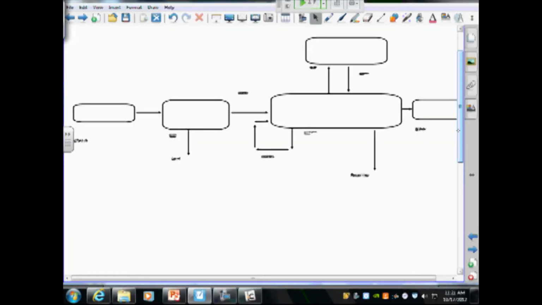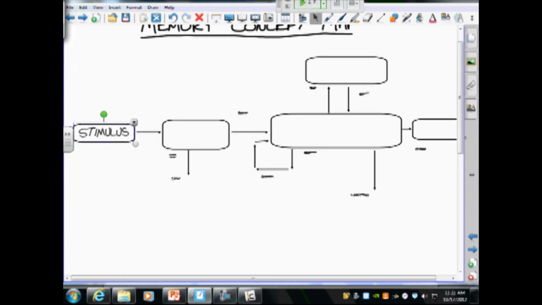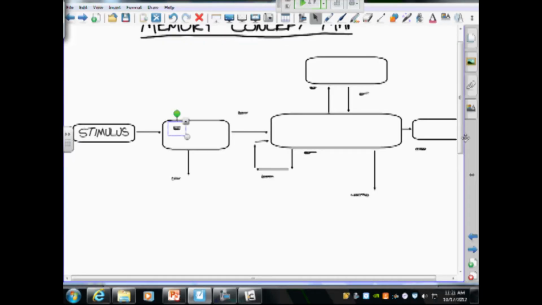So, if we start with the idea that there's a stimulus, a signal out in the environment. You detect it, and for a very brief period of time, it becomes sensory memory.